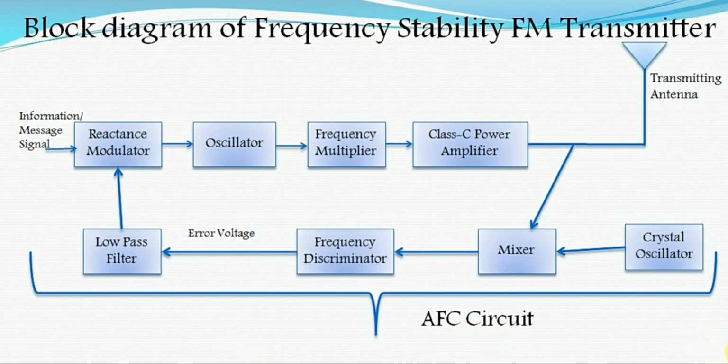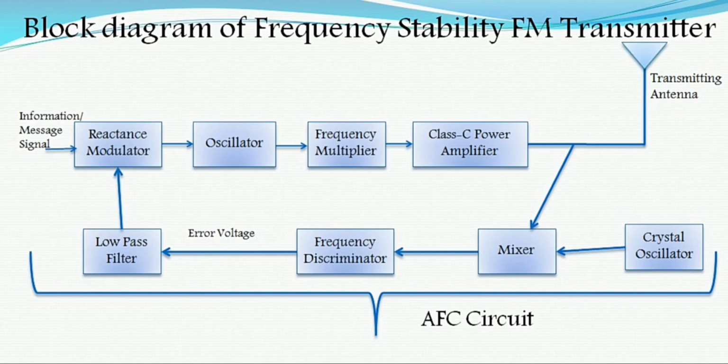So finally, in brief, with the use of the feedback path, that is, an AFC circuit, we can easily achieve frequency stability in the FM signal even if the carrier frequency is of higher order.